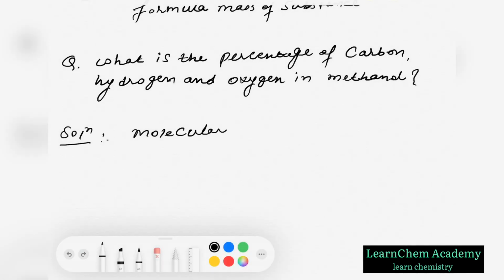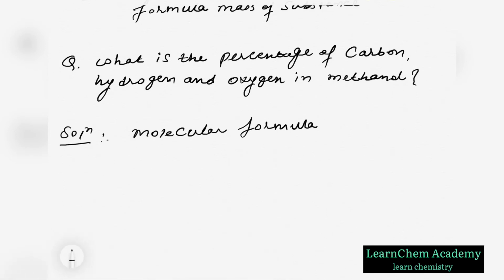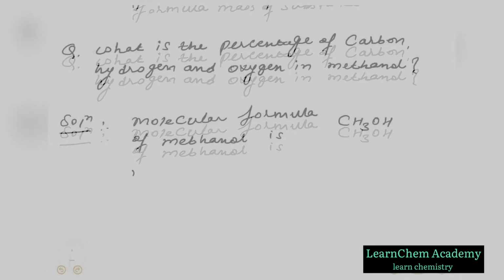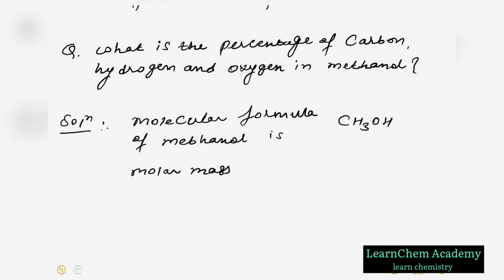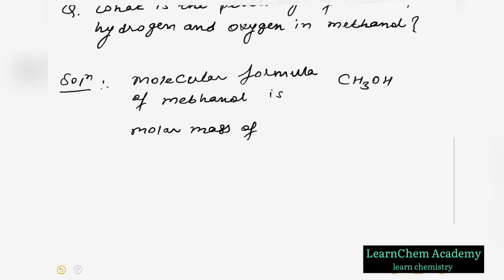The molecular formula of methanol is CH3OH, and the molar mass of methanol is: 1 carbon which has 12, 4 hydrogen which have 1 each, and 1 oxygen, so 1 into 16.